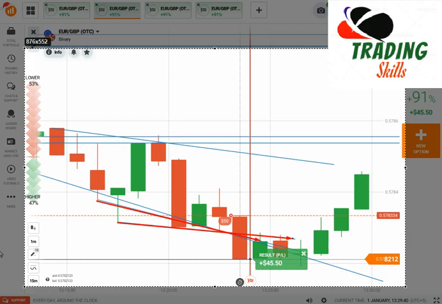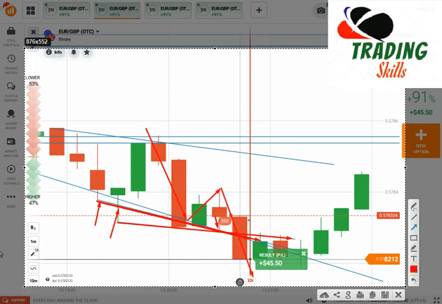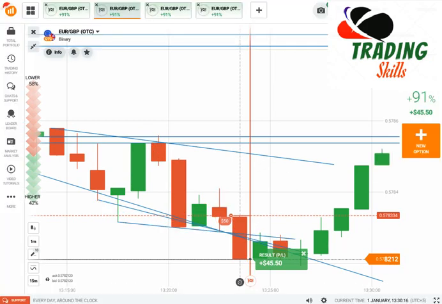So this is the next expected level from where we are getting the rejection. Still there is a gap to the level. It is a downtrend and a sign of continuation here. So because of this gap, I went here with the sellers, and we won this trade too.